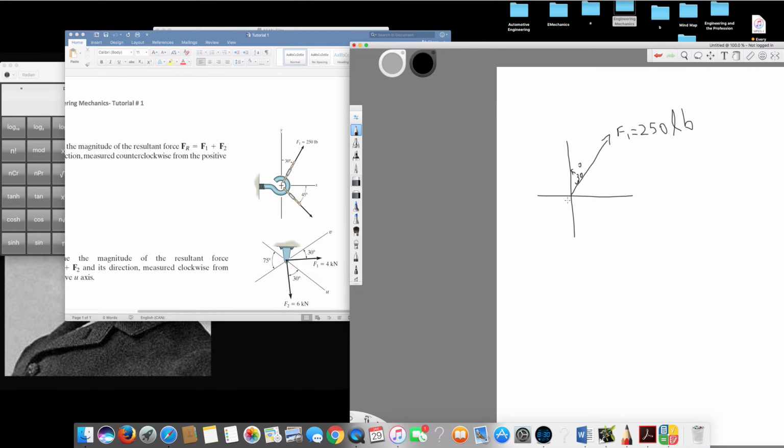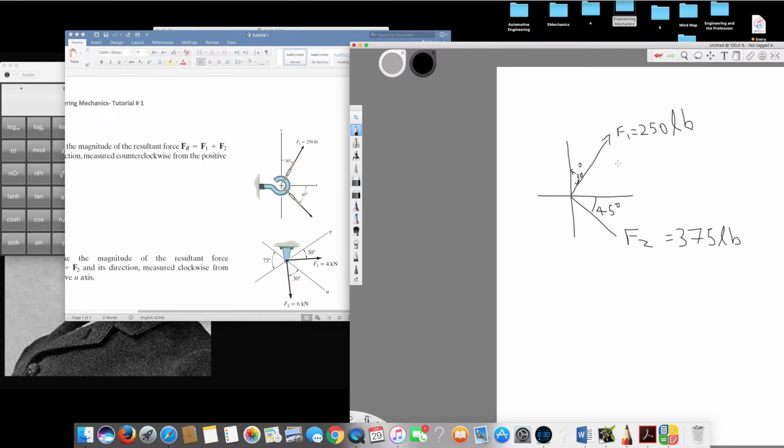And this is F2, the angle between it is 45 degree. So F2 is, let's say, 375 lb, and we have to find the resultant and the angle of the resultant.